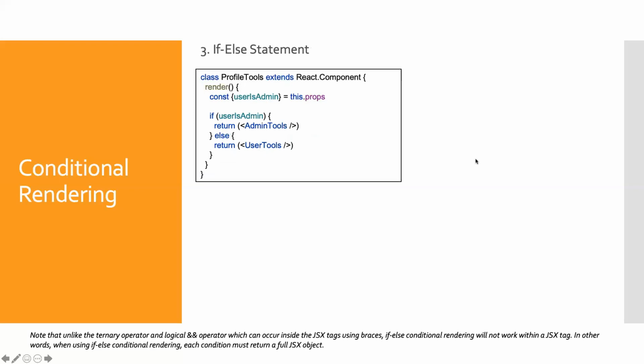Now, the third way is probably the way that many of you are familiar with because it's using our classical if-else statement. So what you do here is you do an if statement and check the boolean condition, and then you return the component itself, right?